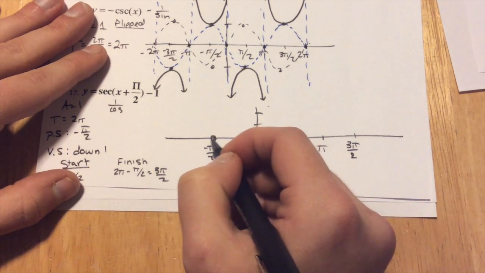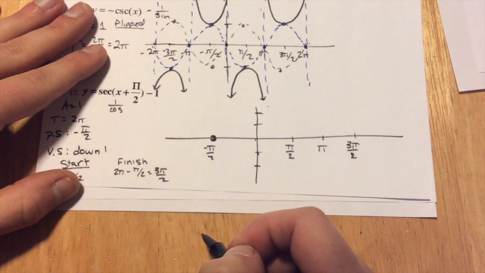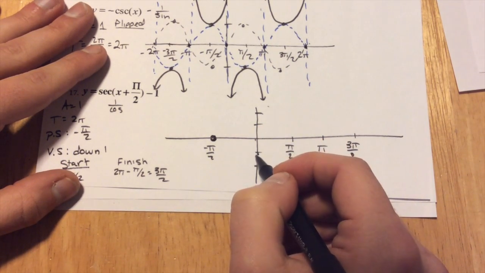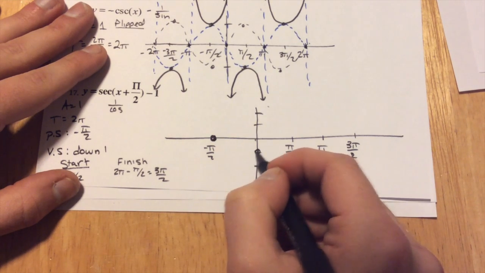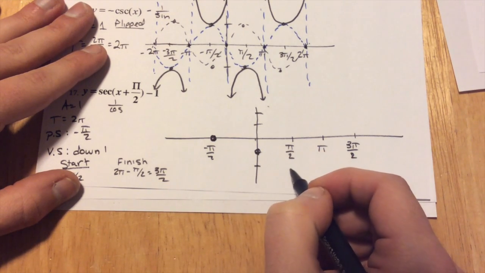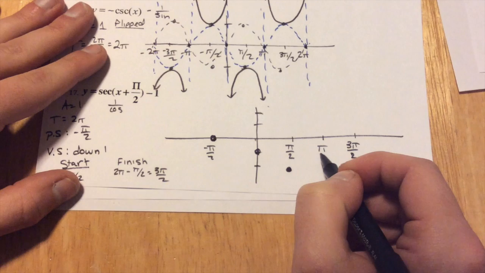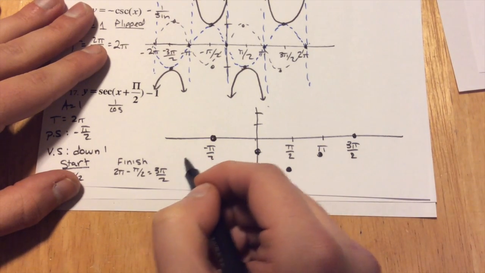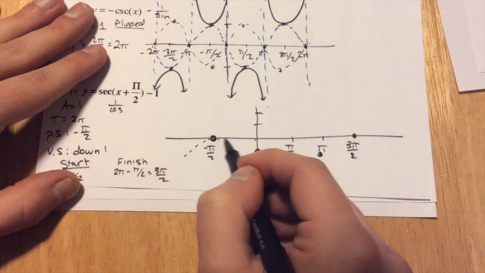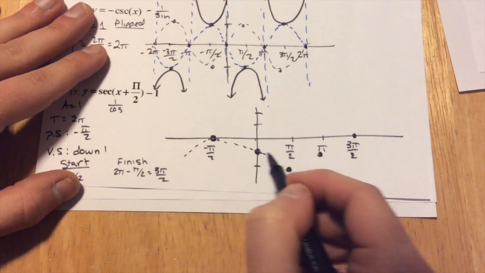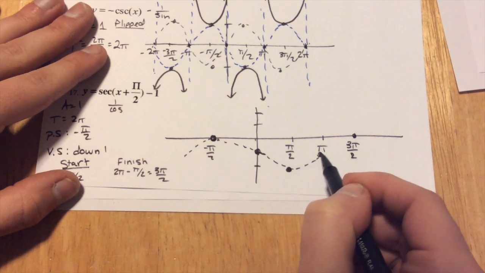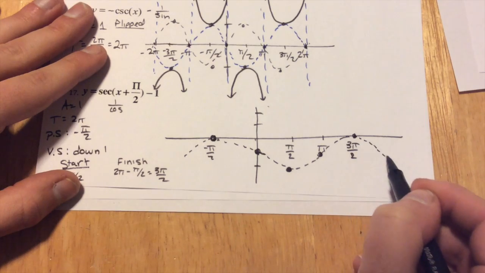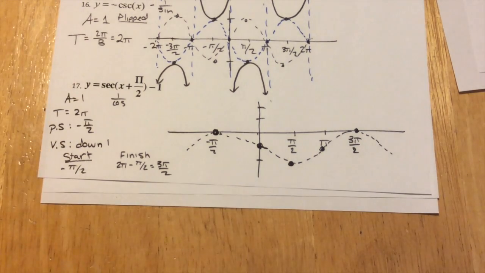So here, my high point, my low point, then I'm going to go down, and then I'm going to walk myself right back up. So here is my cosine.